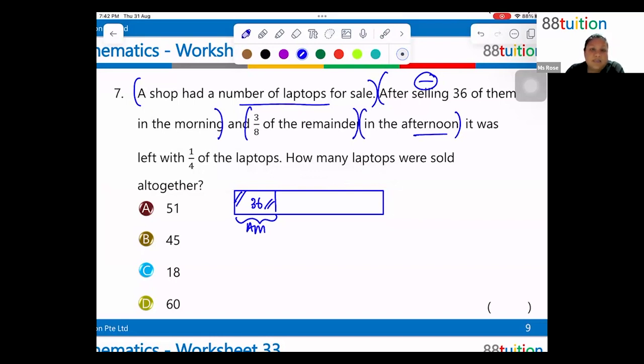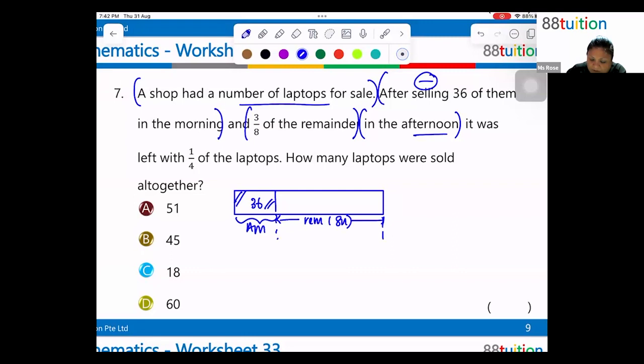So which means that whatever is left after selling 36 laptops, this would be the remainder. Now, 3/8 of the remainder. So here, the remainder is 8 unit.